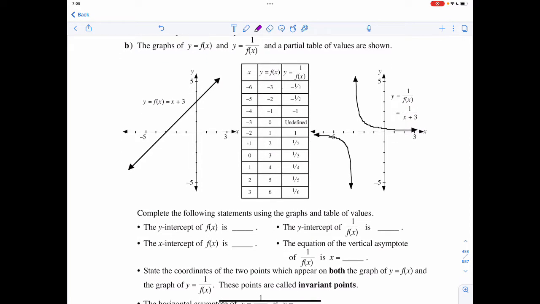Now, we can see that in the original case, when x was equal to 0, y was equal to 3. Which means that in the reciprocal case, when x was equal to 0, y was equal to 1/3.